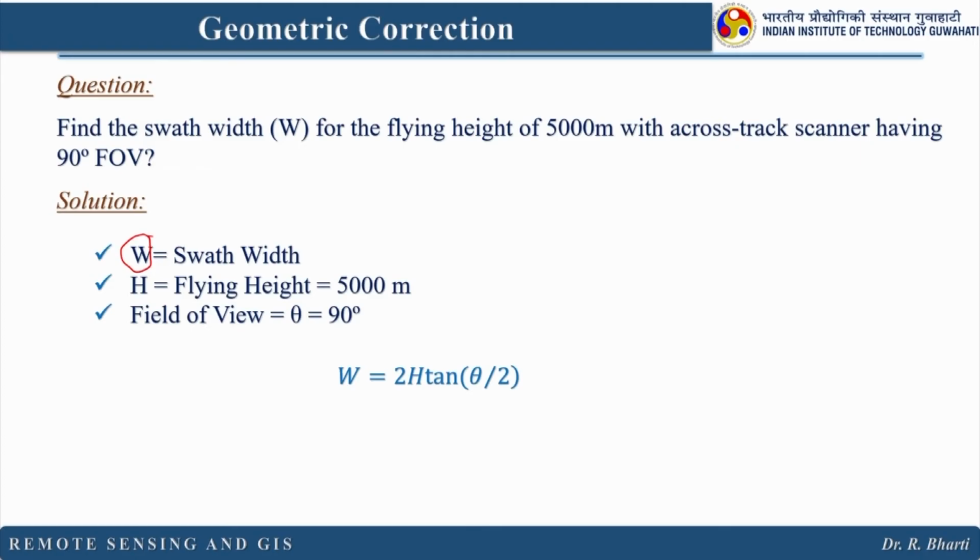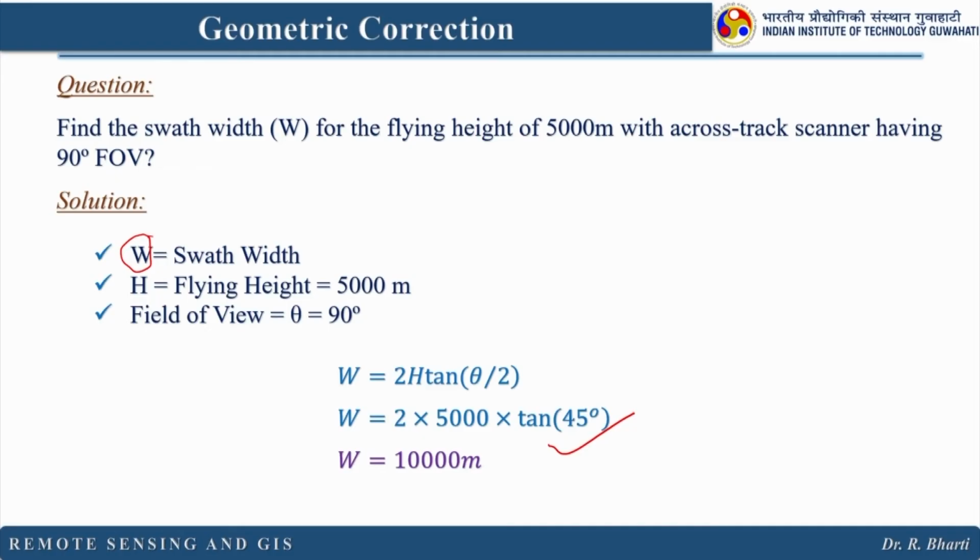W is equal to 2h tan(theta/2), where h is 5000 meters and theta is 90 degrees. So theta/2 becomes 45 degrees, and then W is equal to 10,000 meters.